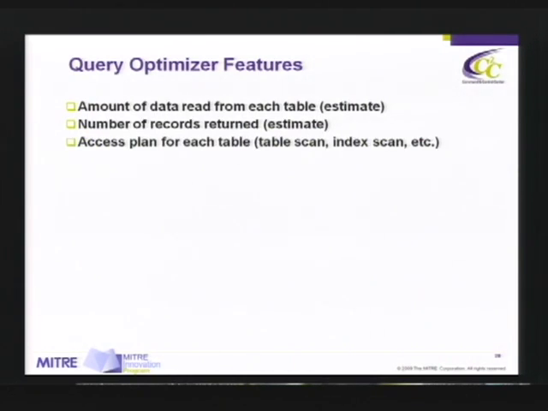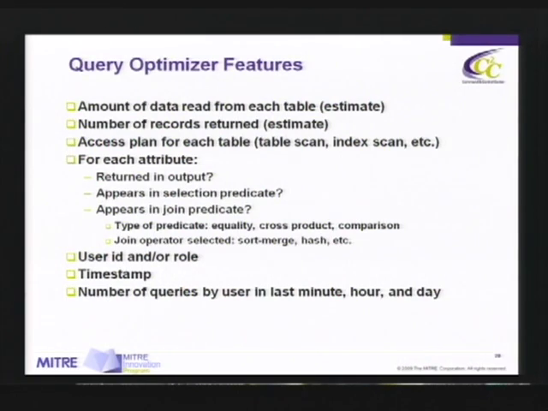We know exactly which access plan is going to be used for each table. Are we going to just do an exhaustive scan of the entire table, or are we going to use some sort of index to look up just the values that we're interested in? I won't go through all of the rest of them, but there is a myriad of other features: which attributes are being returned, what algorithm is being chosen for any joins that are being performed, which user or role is purported to be being used, etc.